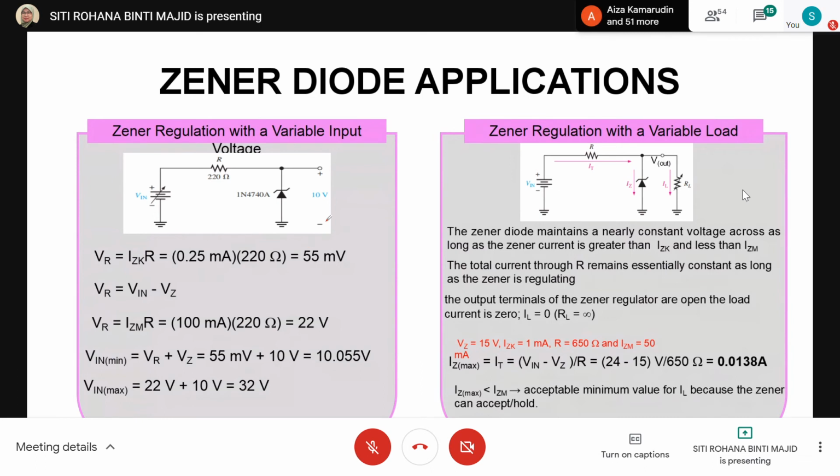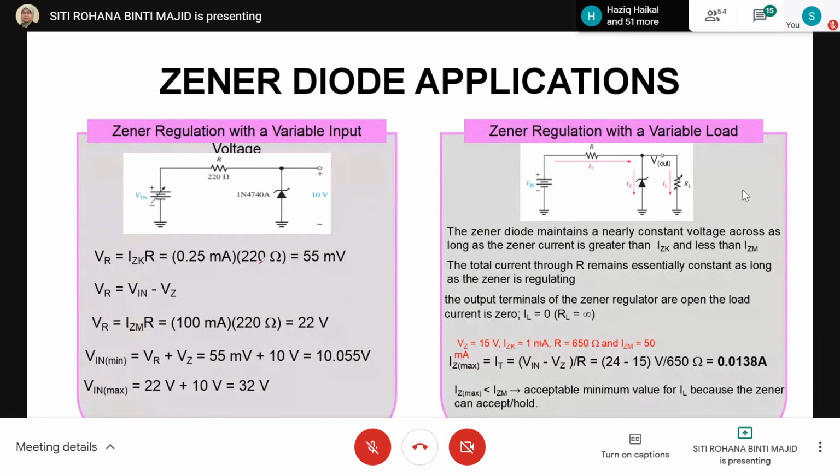In this diagram, we have the output, for example, 10, and the value of resistance here is 220 ohm. And this one is the code of the Zener diode. From the fact sheets, we can obtain the maximum value of voltage, of current, etc.